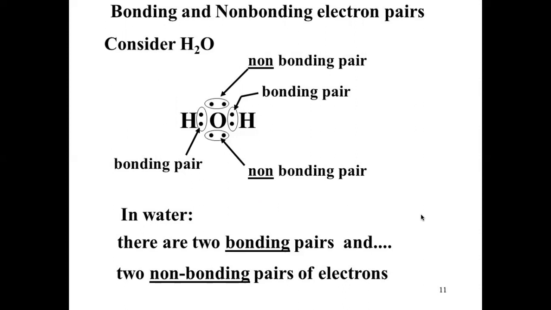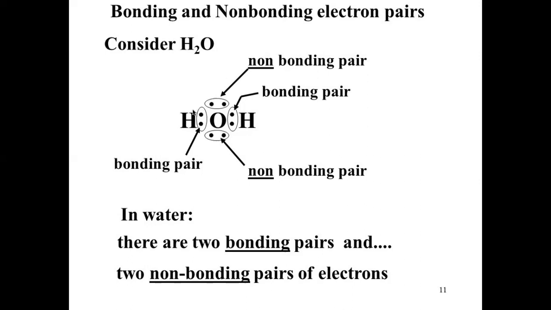So we'll take another look at water, for example. It has 2 hydrogen atoms that are sharing electrons with this 1 oxygen. And this is our Lewis dot structure, where we see that each atom in this molecule now has a full valence shell. 1, 2, 3, 4, 5, 6, 7, 8 for oxygen.